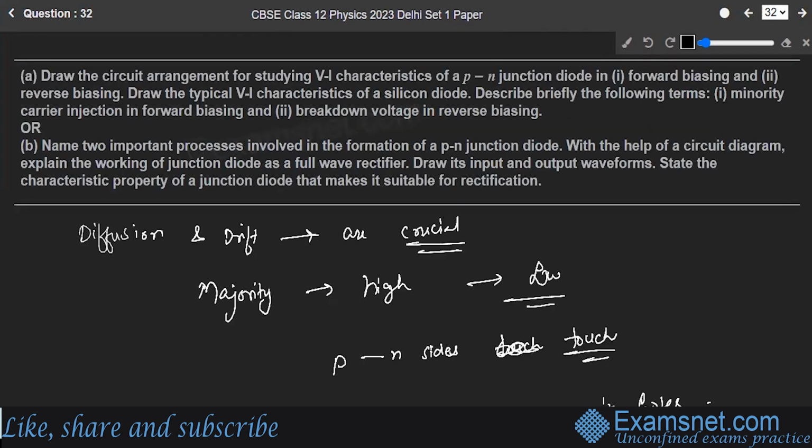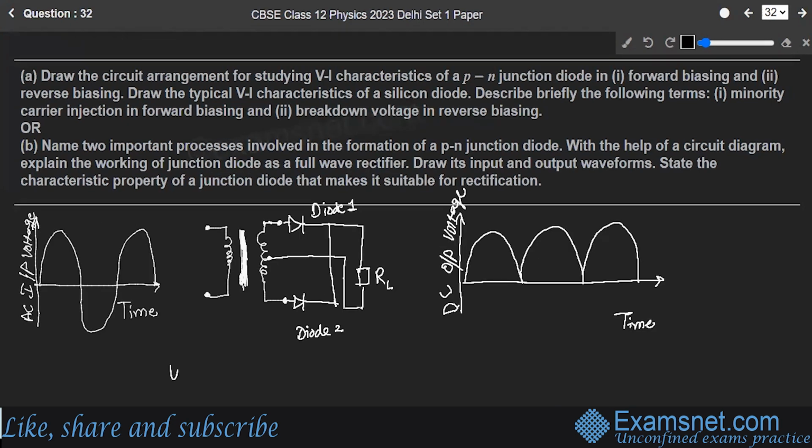You have to explain with the help of circuit diagram the working of a junction diode as a full wave rectifier. Let's make that. This is the working of the full wave rectifier. Both halves of each AC input are used by the full wave rectifier.